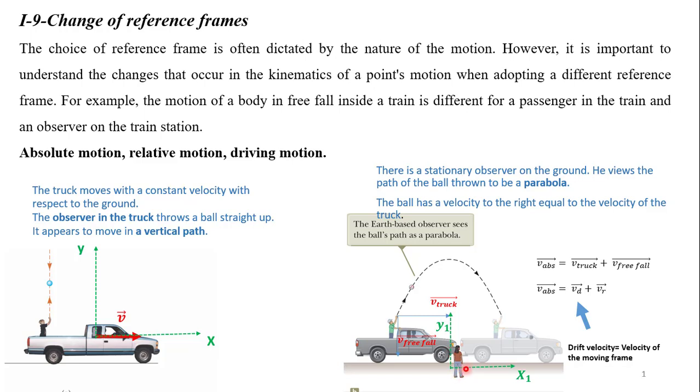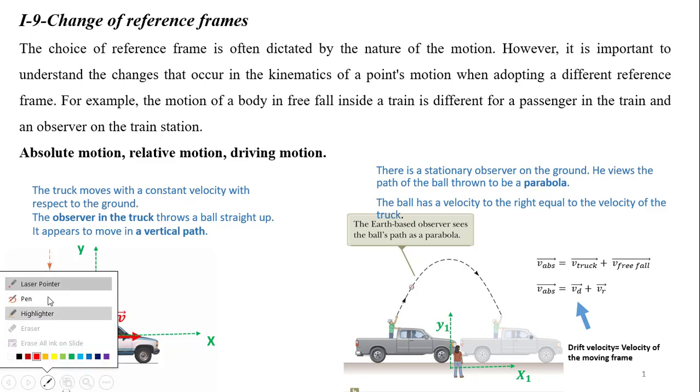This observer on the ground will see first the ball moving upward, and also the ball moving to the right, because the ball is thrown by the child who is moving with the moving truck. So the observer on the ground will see that the ball has two directions.